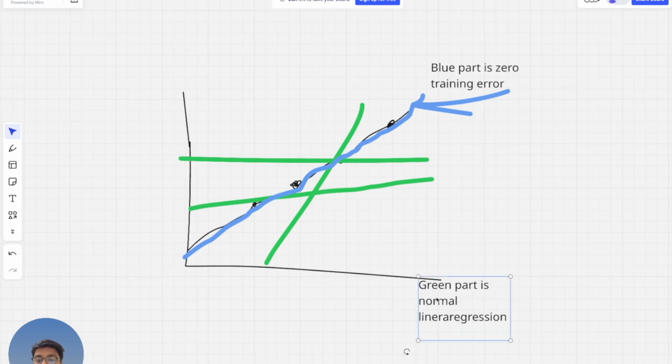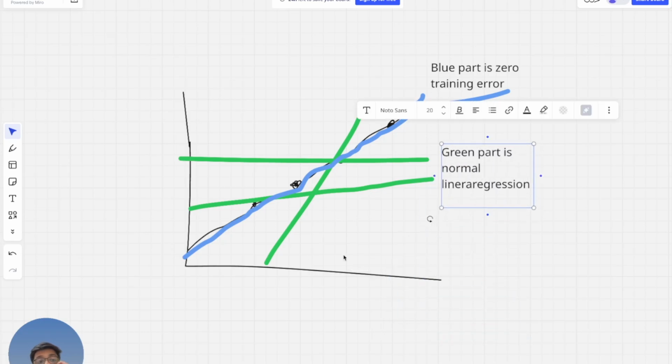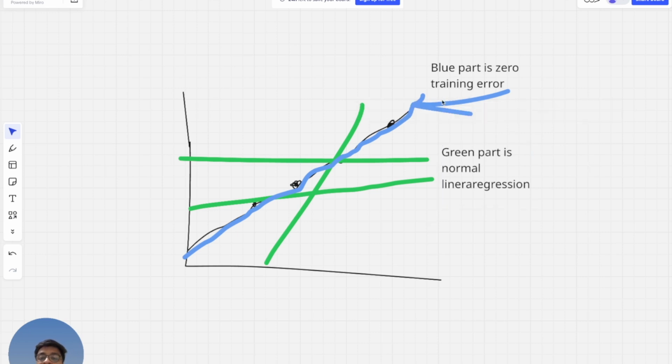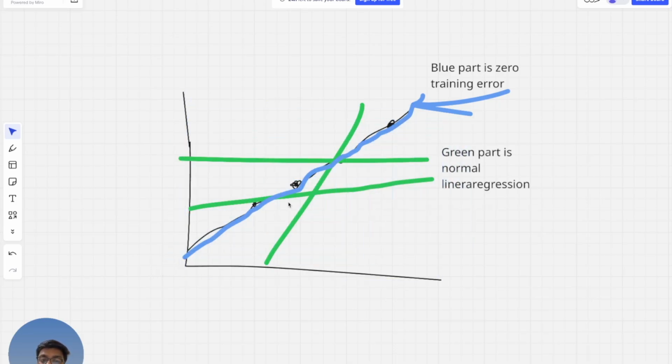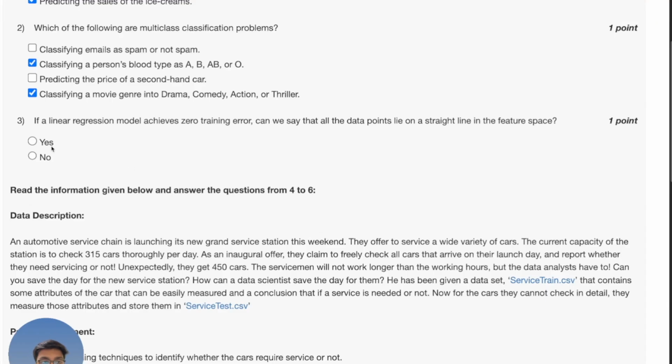Understood? The one in green is normal linear regression, and the one in blue is considered a zero training error, since it's covering all the points which have been plotted. The green part is considered normal linear regression.